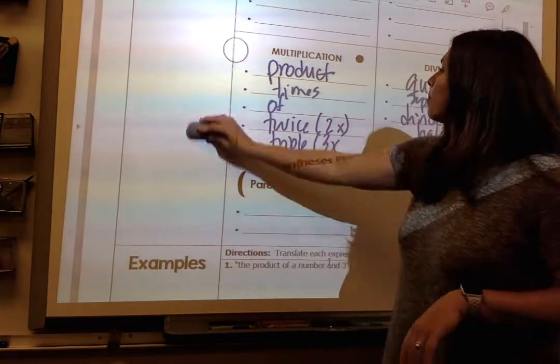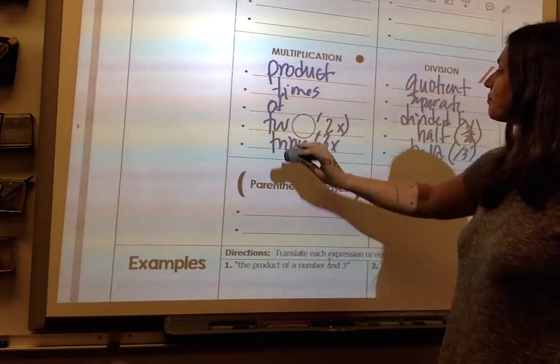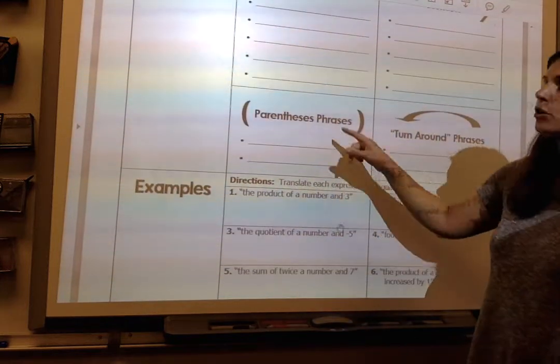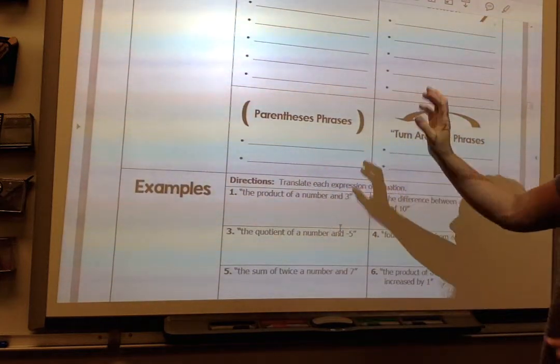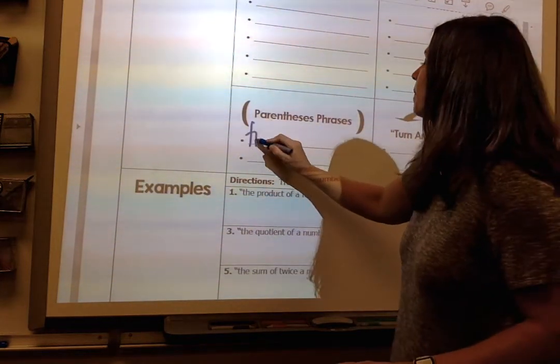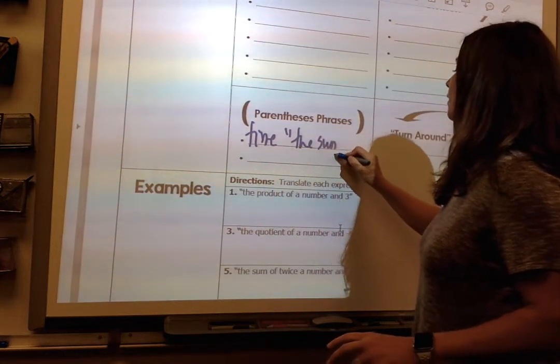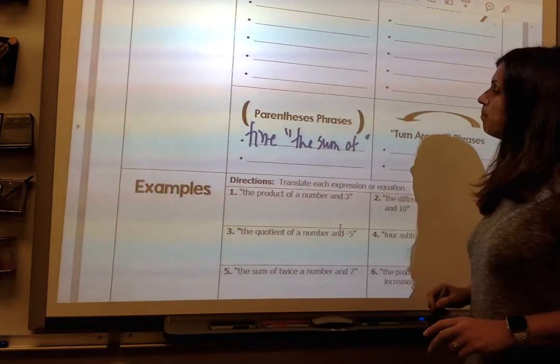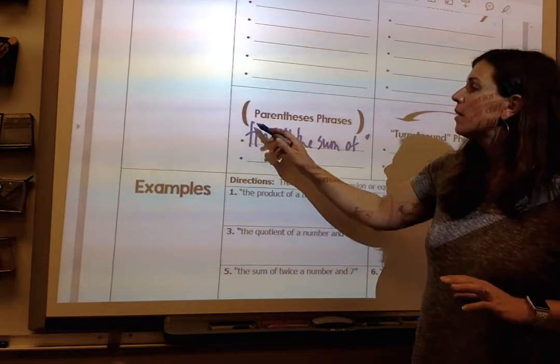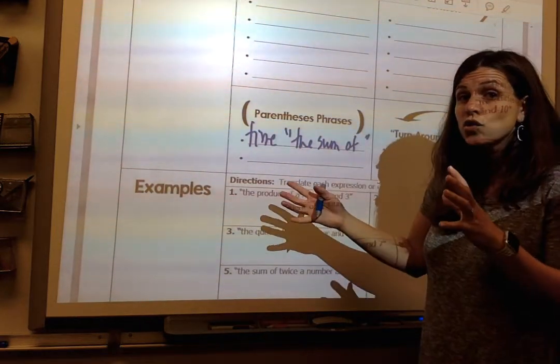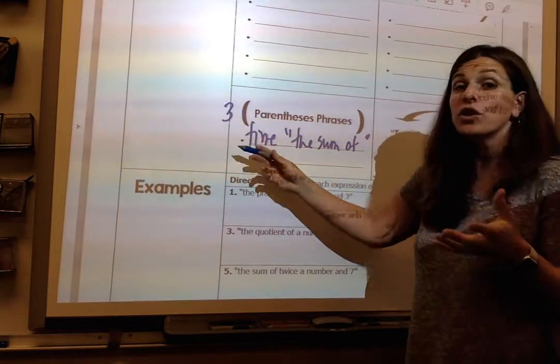When we talk about parenthesis phrases, the words that I want you to put here are times the sum of. Because remember, this parenthesis means to distribute. So if you have a number out here, what are you doing?